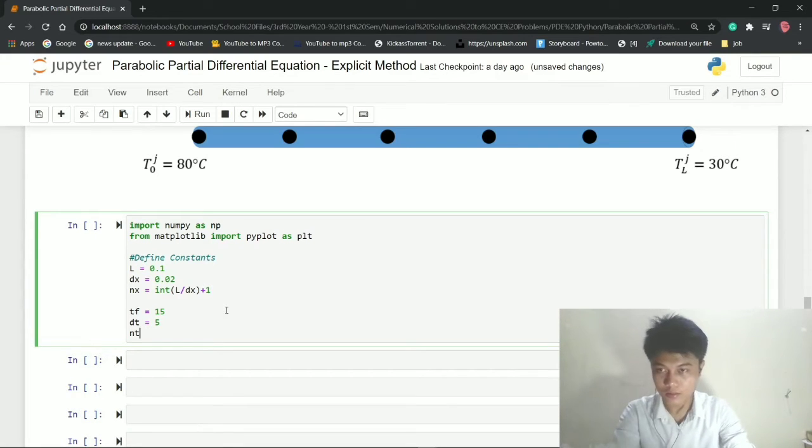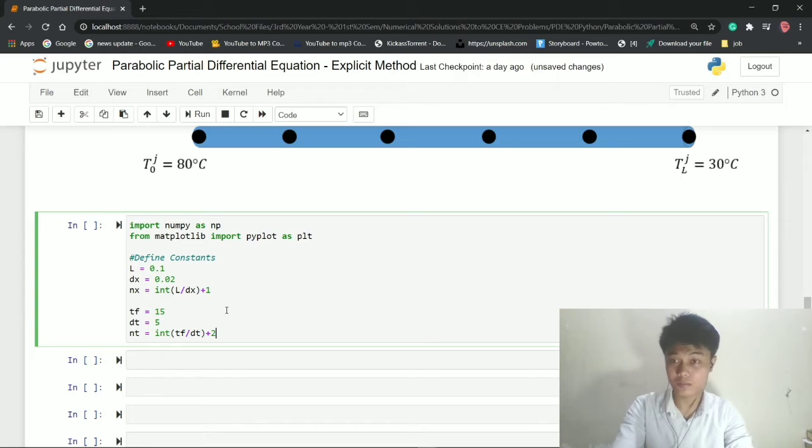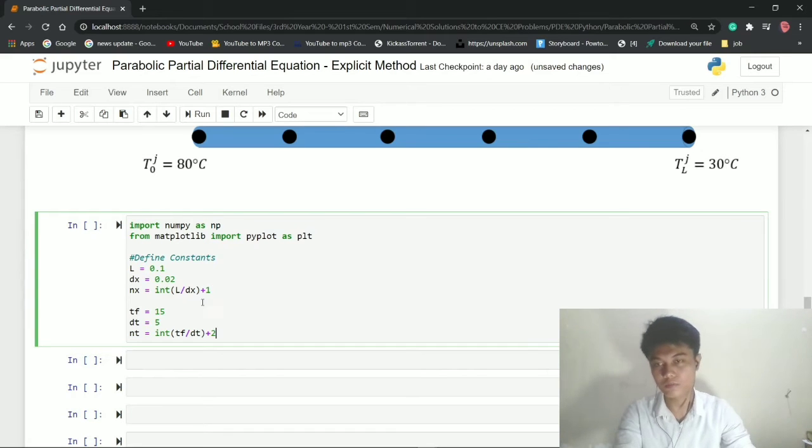And then, our time step. Time step is integer tf over dt plus 2. Why plus 2? Kasi kapag i-divide natin yung TF natin by dt, meron tayong 3, pero nag-start tayo sa 5. So, plus 2 tayo para maging 5 na siya.